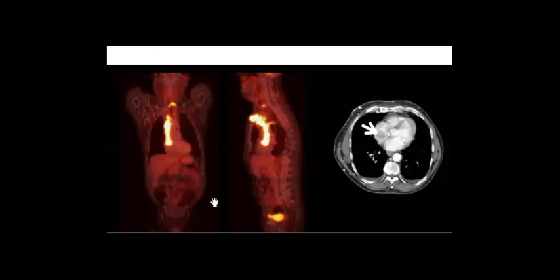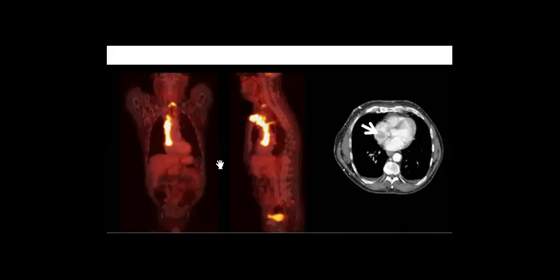I just want to make a point here: when you find a differentiated tumor, like papillary thyroid cancer, then the main diagnostic modality will be technetium.